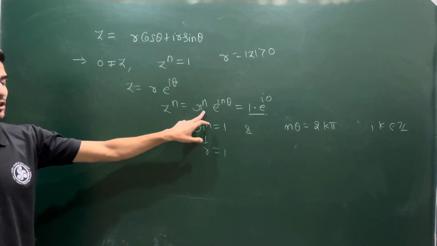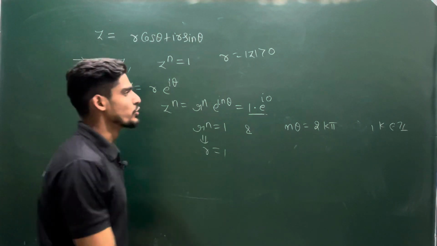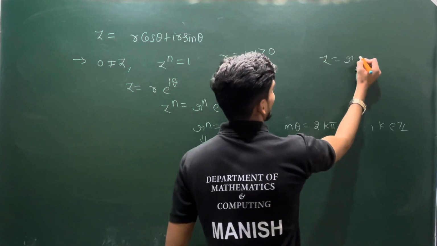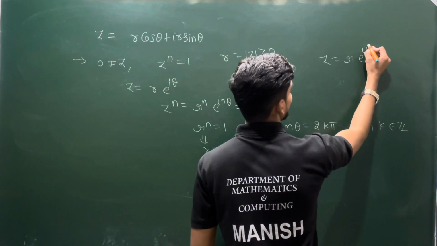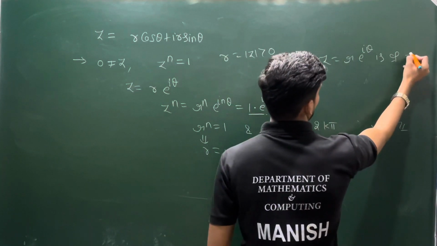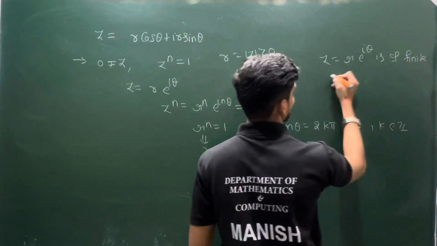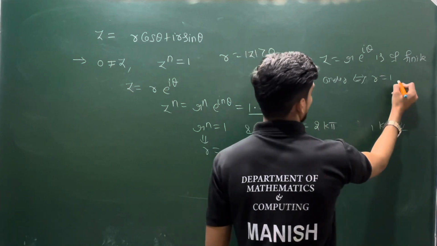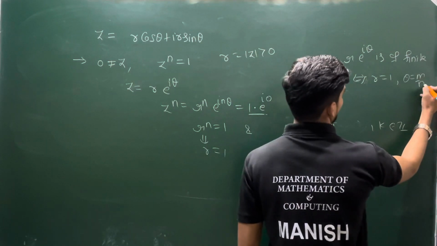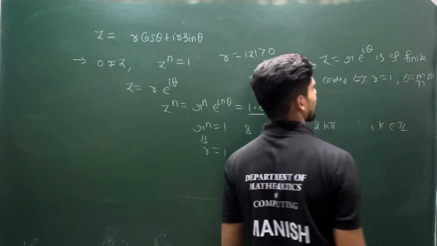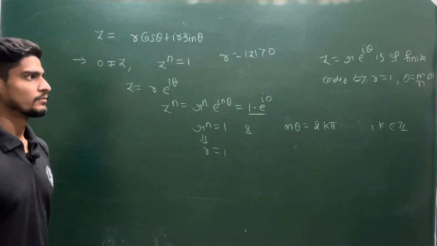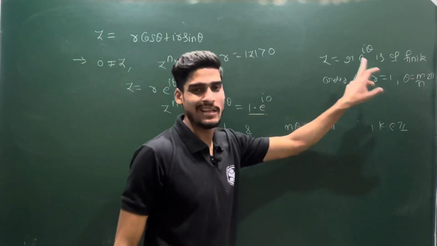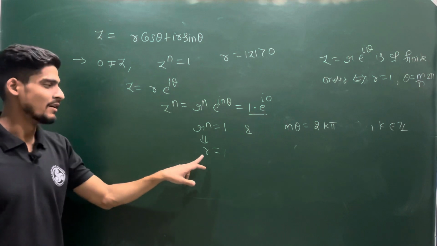This you have also studied in your group theory part. You say this z is equal to r into e power iota theta is of finite order if and only if your r is 1 and theta is a rational multiple of 2 pi. And there also I have given you the argument why this r is 1. So this is the actual argument.